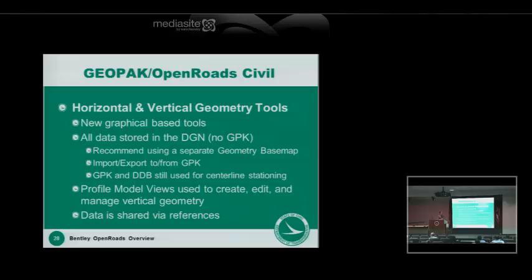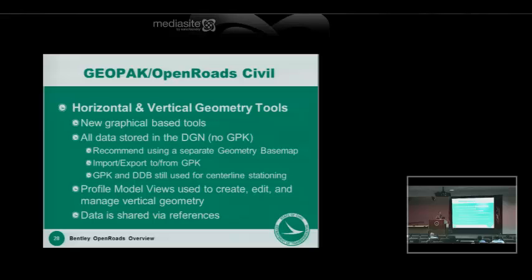But we are going to recommend a geometry base map and import and export to and from the GPK. And at this point, the GPK and DDB are still used for centerline stationing. So in order to do stationing, I'm going to have to send it to the GPK, and the DDB is used for stationing. Eventually, stationing will be an OpenRoads function, and it won't be the DDB.